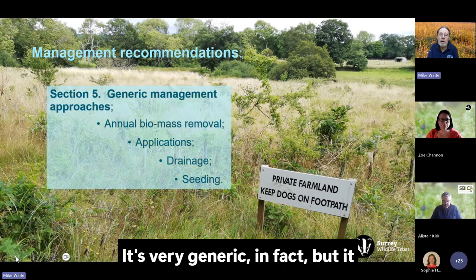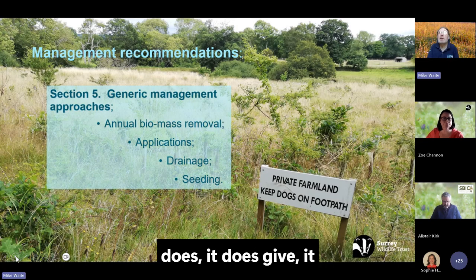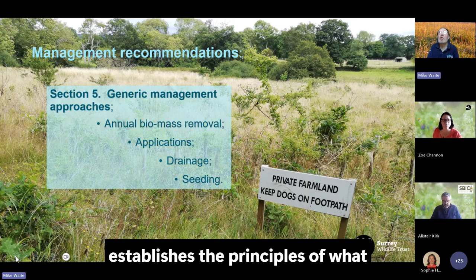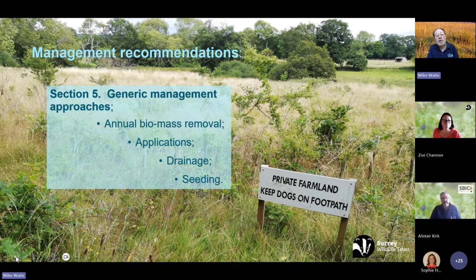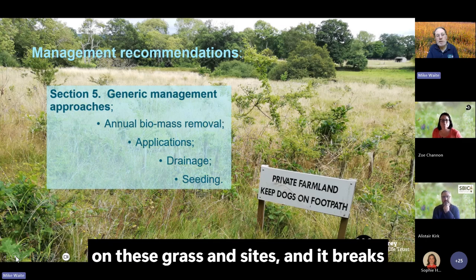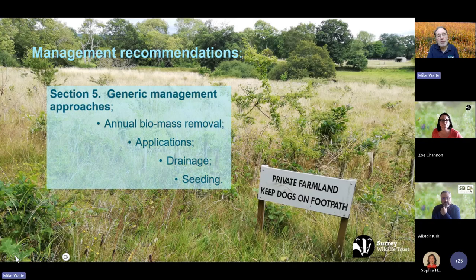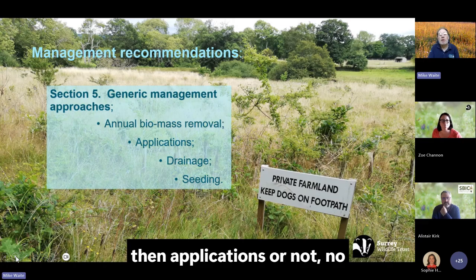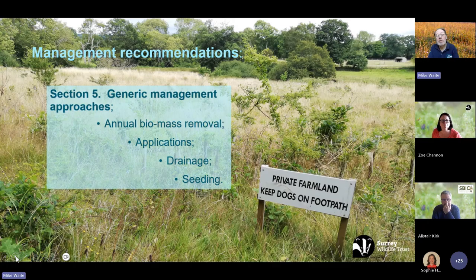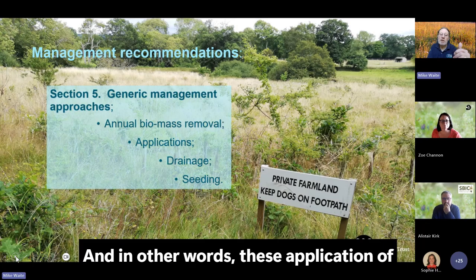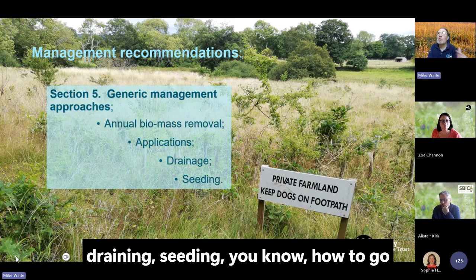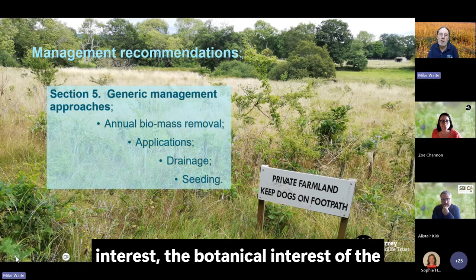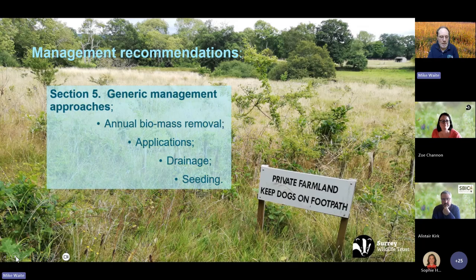It's very generic, in fact, but it establishes the principles of what management should be trying to do to retain species richness on these grassland sites. It breaks down into how to remove the annual biomass increase by grazing or mowing, and whether or not to apply fertiliser, draining or seeding, and how to go about enhancing and retaining the botanical interest of the sites.